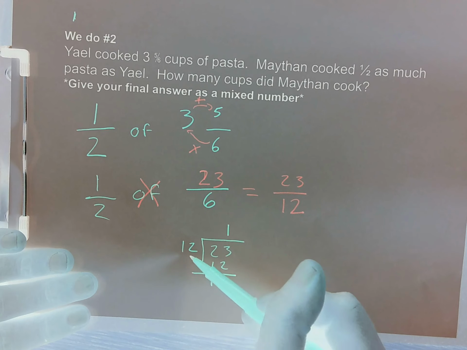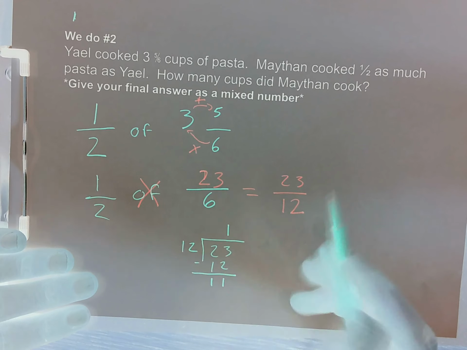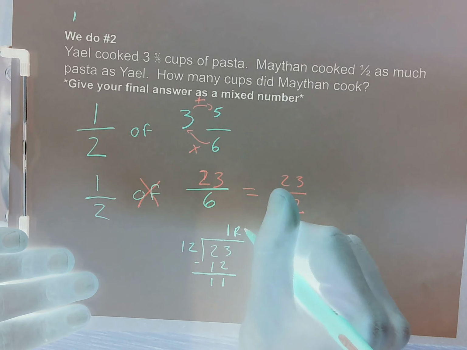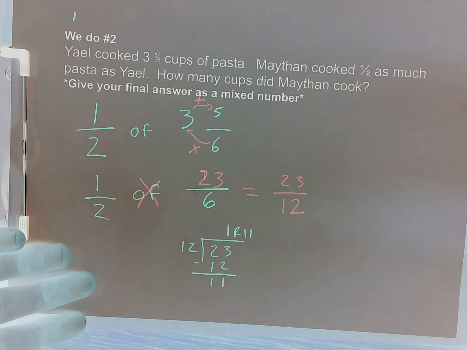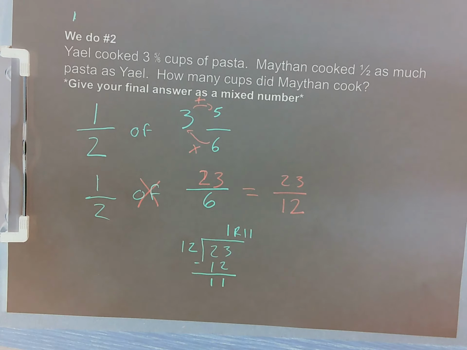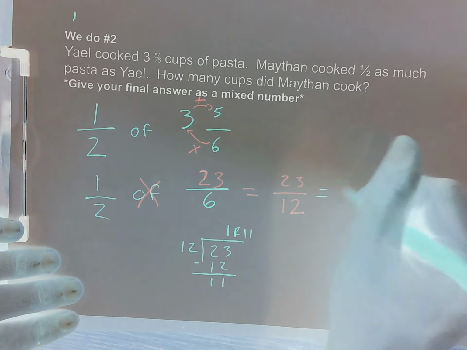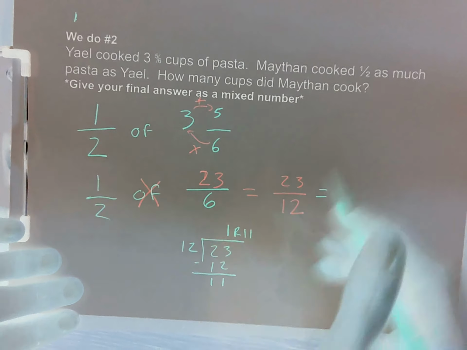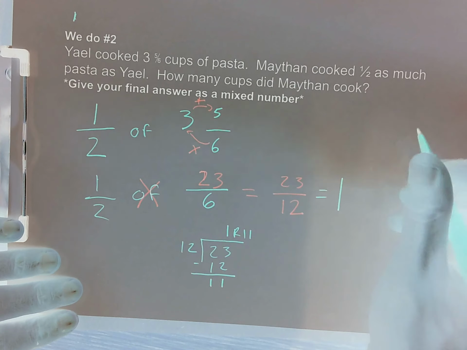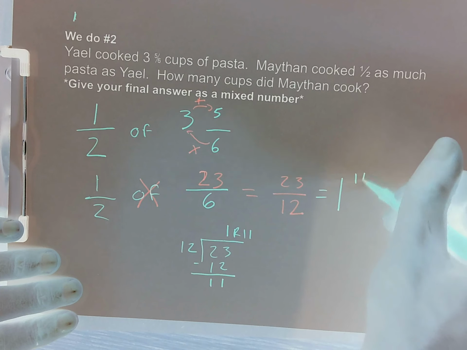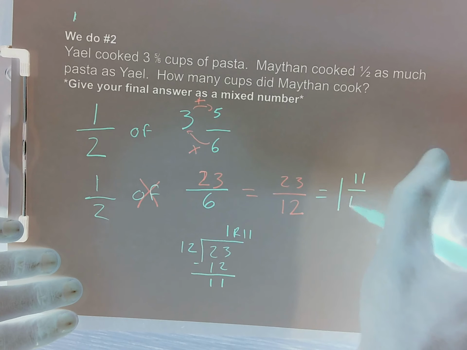Our remainder is smaller than our divisor, so we know we're done. Our answer is 1 remainder 11. Our answer is our whole number, 1, with the remaining 11 over 12. Denominator always stays the same.